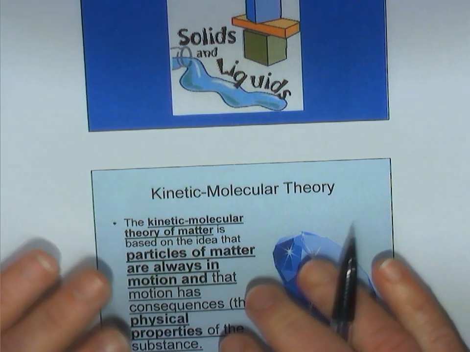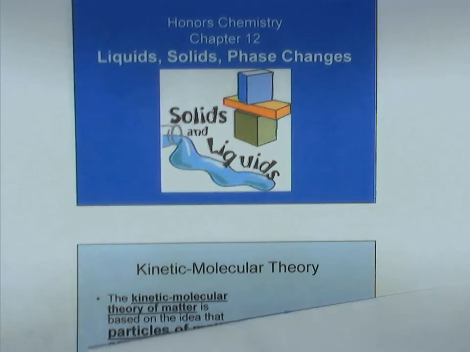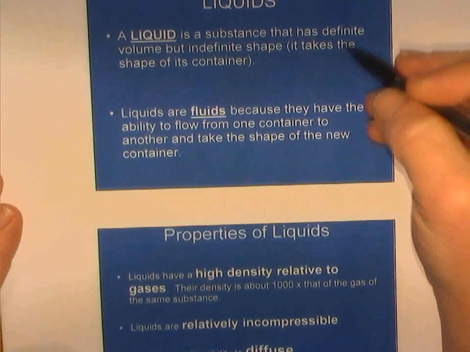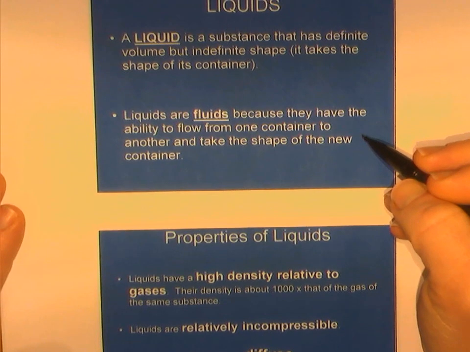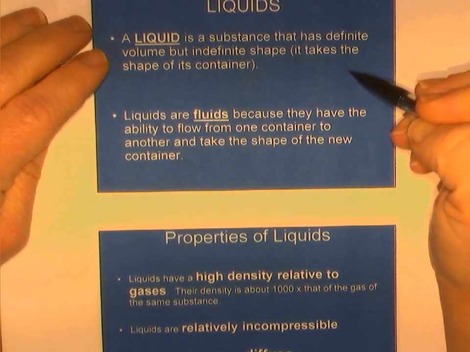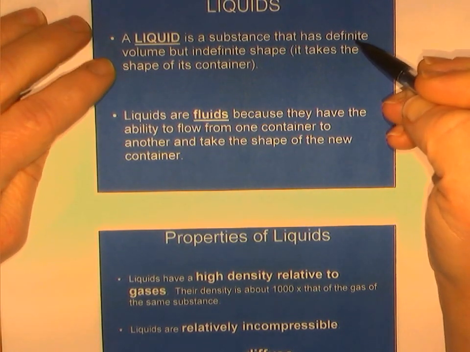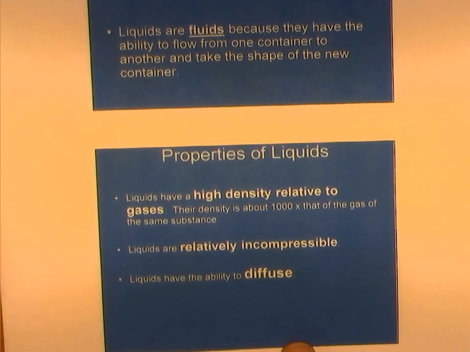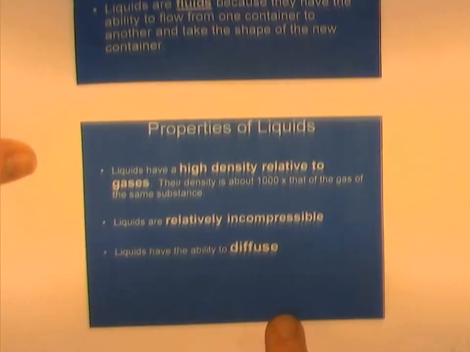We've gone over a lot already this year, so I'm just going to begin by very quickly going through some slides. We know a characteristic of a liquid is that it has a definite volume and an indefinite shape. They are fluids and they have the other properties that I've identified here.